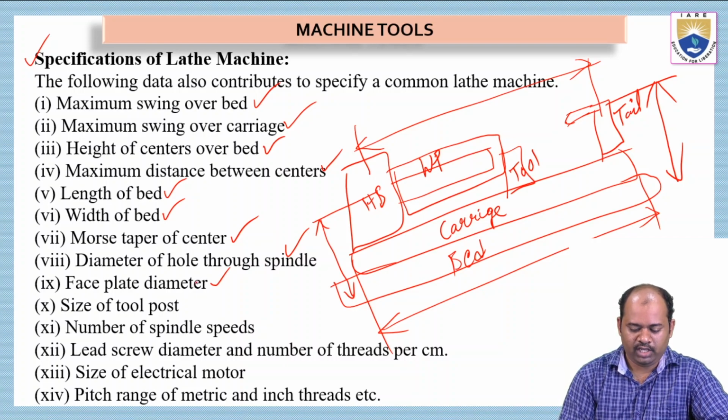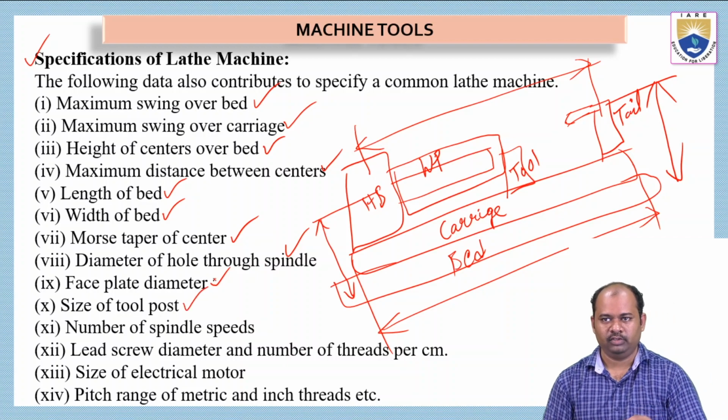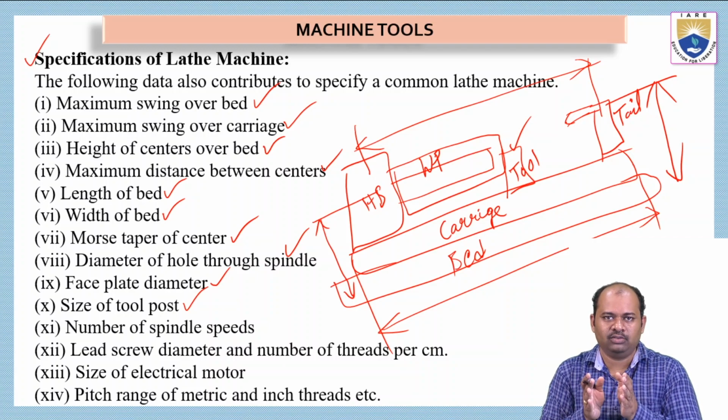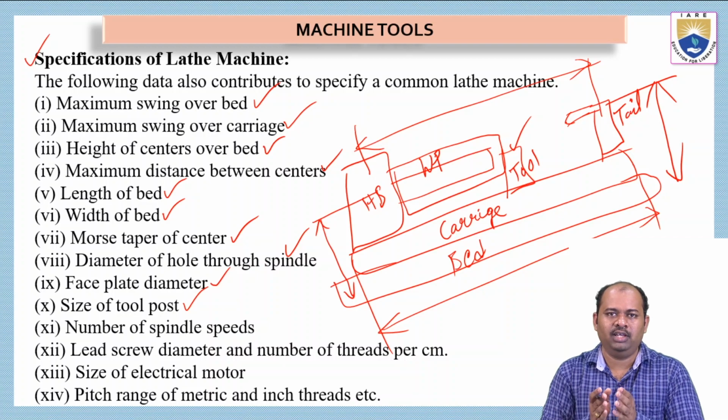And then we have the size of the tool post. So we have the tool post here. The size of the tool post is also taken into consideration. If the tool post is very small, we can attach only one or two tools.